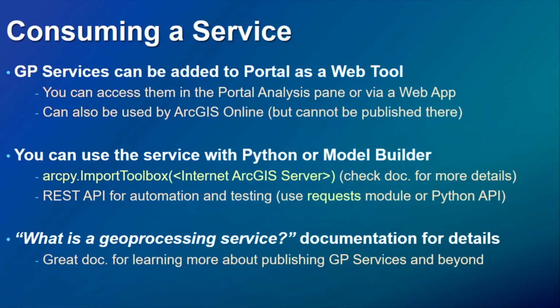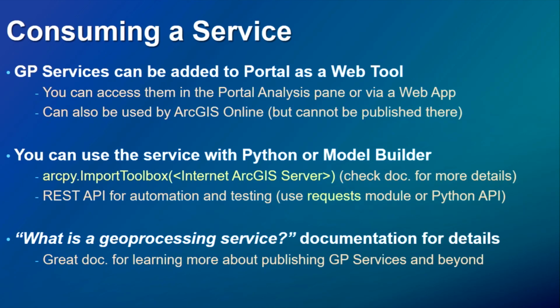To use them in Python, you can use the arcpy.ImportToolbox function and put the URL of your GP service. You can just Google arcpy.ImportToolbox. We have very detailed documentation about how to use these functions, including how to provide a username and password if your GP service is in a secure area.